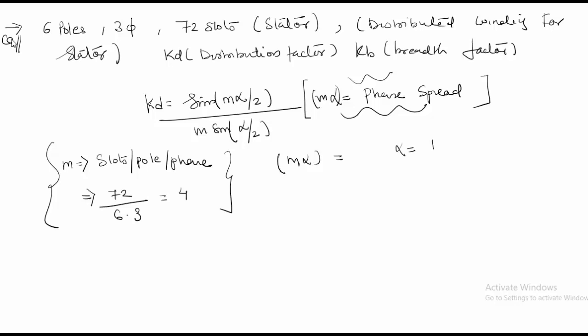Alpha is given by 180 degree, or pi, divided by M into Q, which is equal to 180 degree by 4 into Q, where Q is the number of poles divided by phase, which is equal to 3.